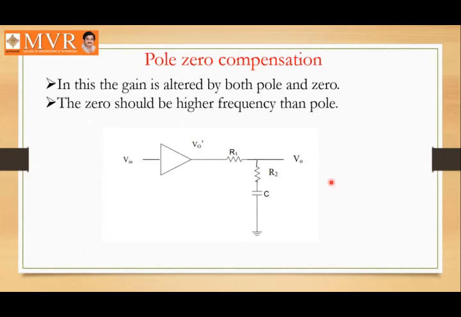Coming to another technique, that is the pole zero compensation technique. In this pole zero compensation technique, the gain is altered by introducing both a pole and a zero. The gain is going to be adjusted by introducing a pole as well as a zero.